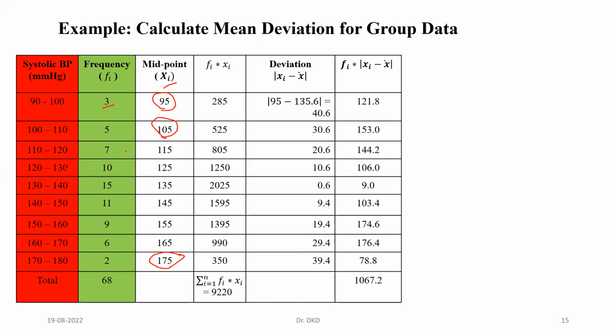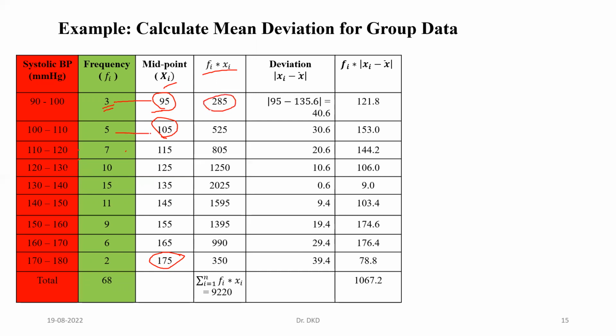Now we have to find fi xi, because this is required for the mean calculation. We multiply the corresponding f value and x value. 3 multiplied by 95 gives 285.